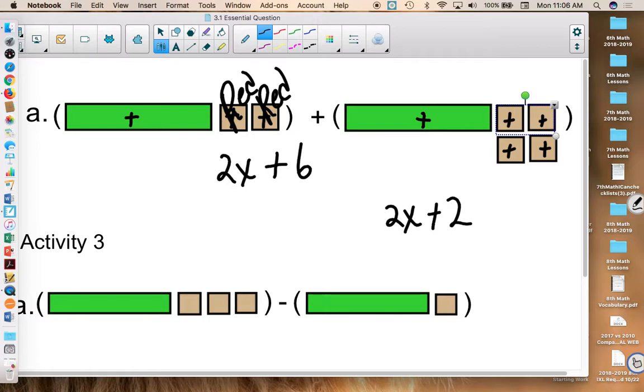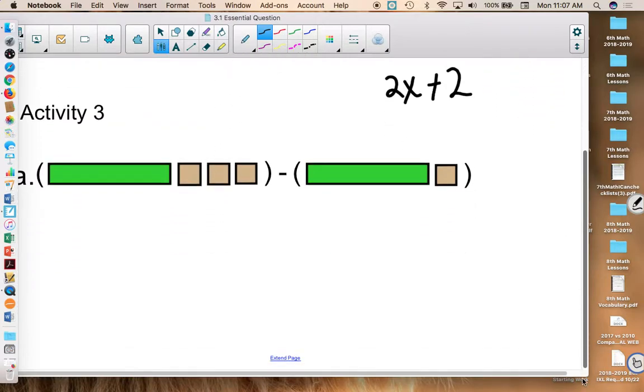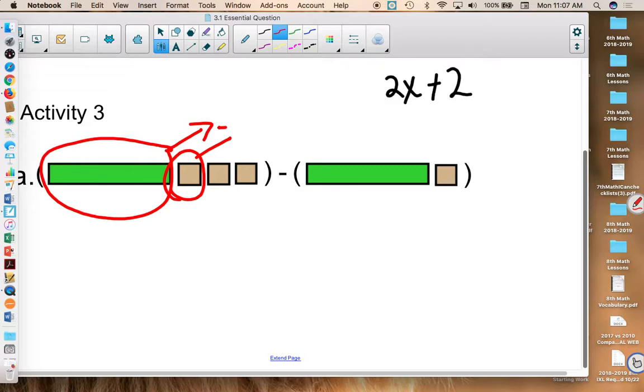What's left behind? 2. When we simplify it, what is left behind? 2. Is it positive or is it negative? It's positive because, and I can use a picture to show this just as well, I'm going to say, well, this is gone. And it says take this one away. It's gone.